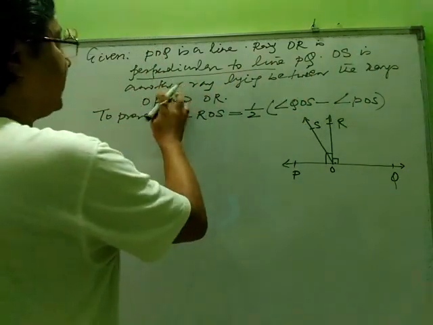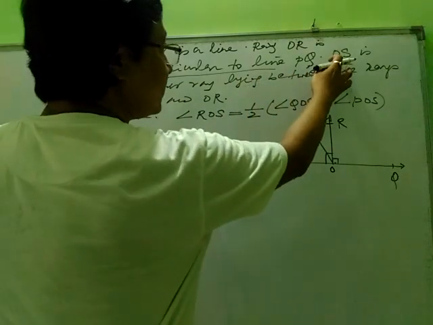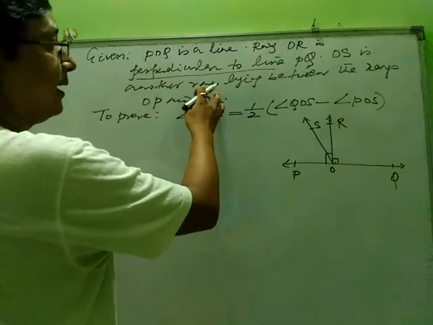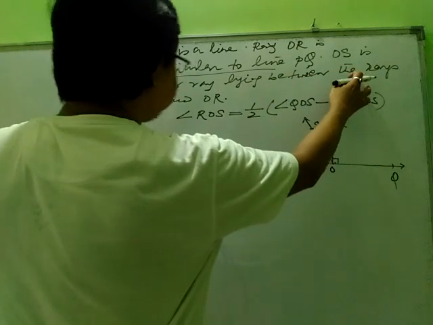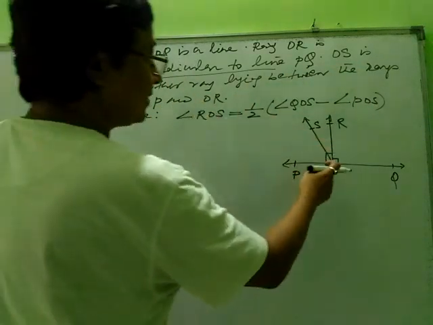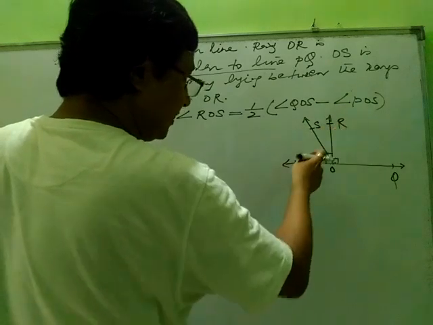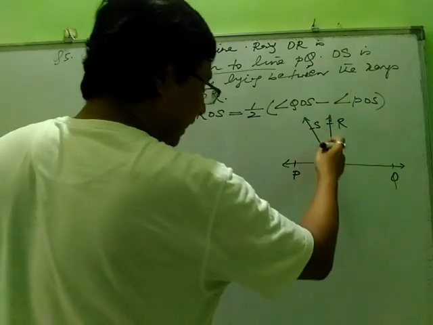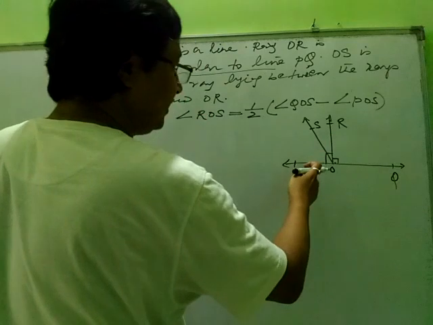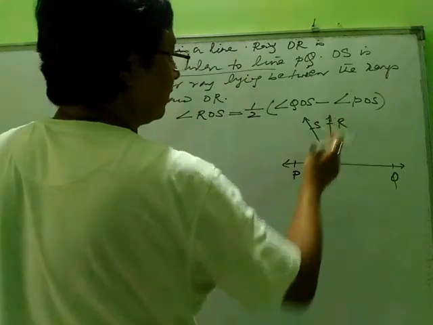OS is another ray that will lie between the rays OP and OR. So this is OP, this is OR, and between these two rays, OS is another ray.